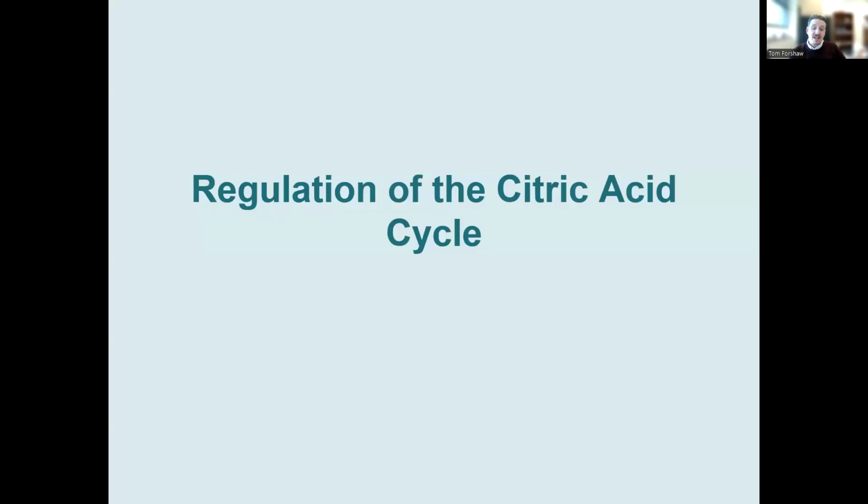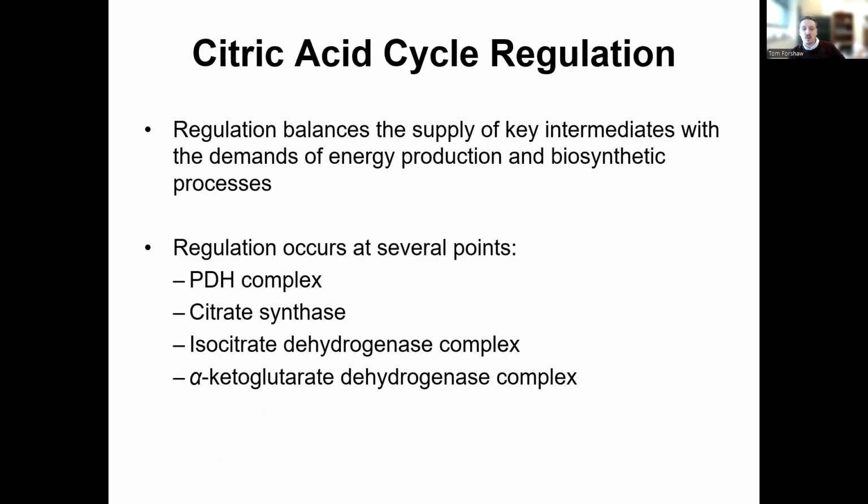And oh, sorry, one last thing to mention is that it's very important that the TCA cycle is highly regulated because, of course, you want it to be able to switch on and off depending on the energetic needs of the organism.